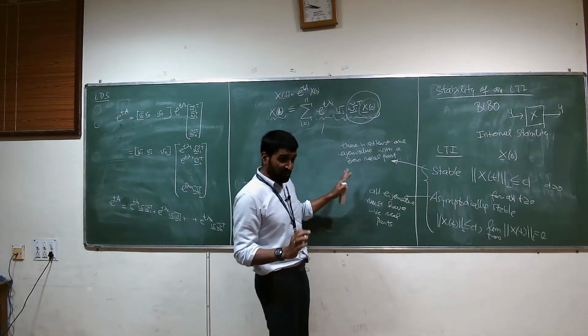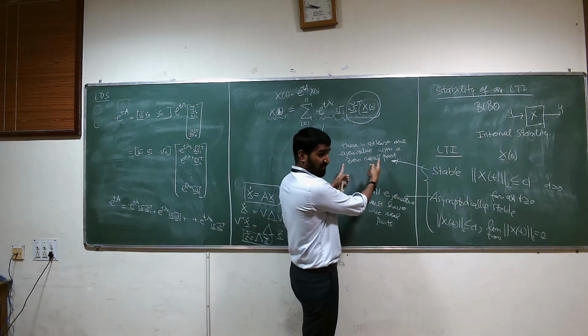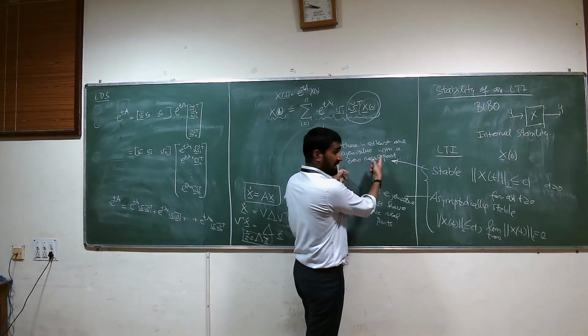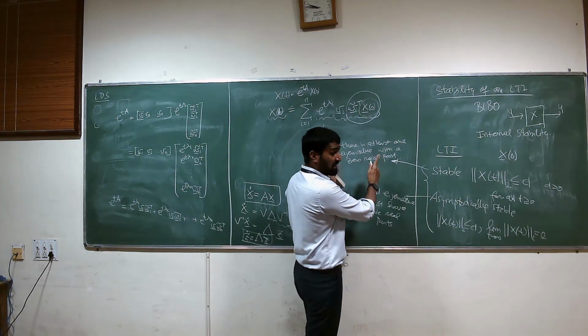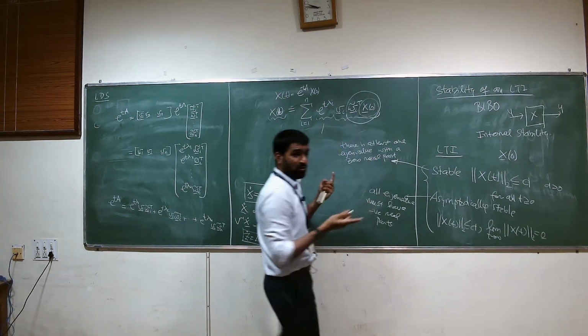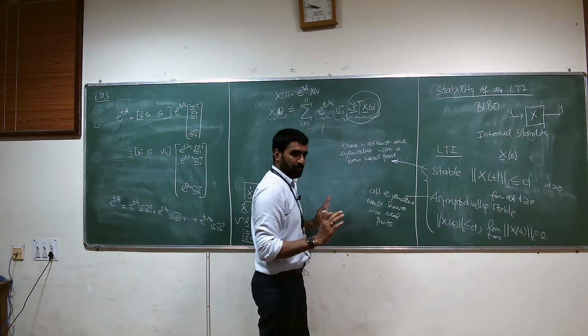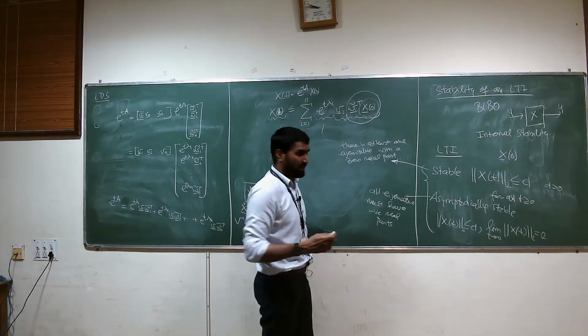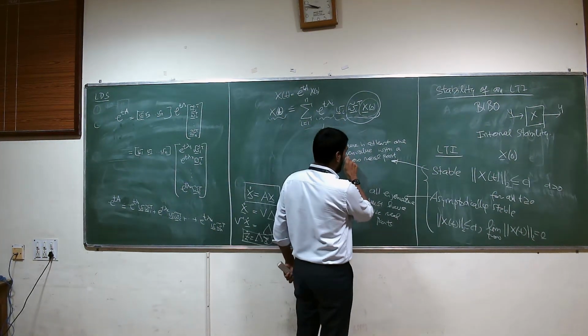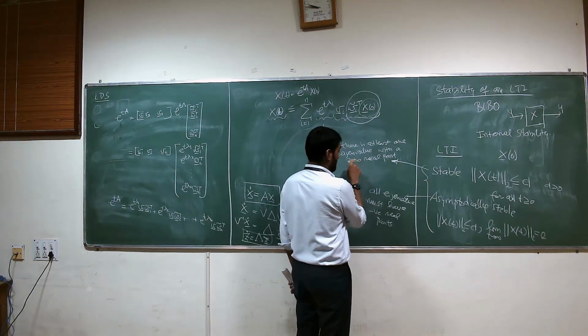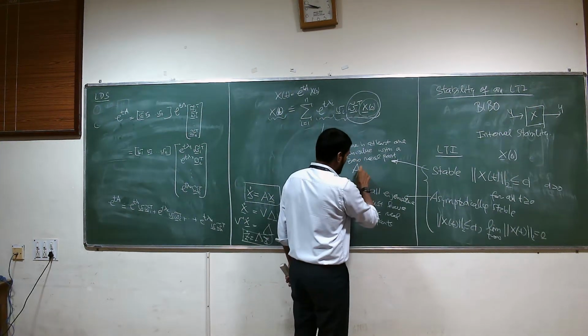Okay, and another important condition: you will have eigenvalues with zero real part. If there is only one eigenvalue with the zero real part, then there is no problem. But if there are multiple ones, then the eigenvalues with the zero real part must satisfy this.